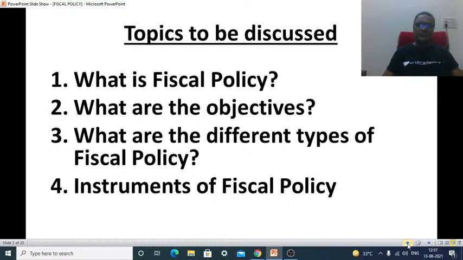Money will be transferred from the people to the government. In case of subsidies, it is negative. That is, money will be transferred from the government to the citizens. These subsidies are unproductive expenditure because they are not creating any assets. They are consumption expenditure and they are recurring expenditure. And they are also what we call maintenance expenditure.